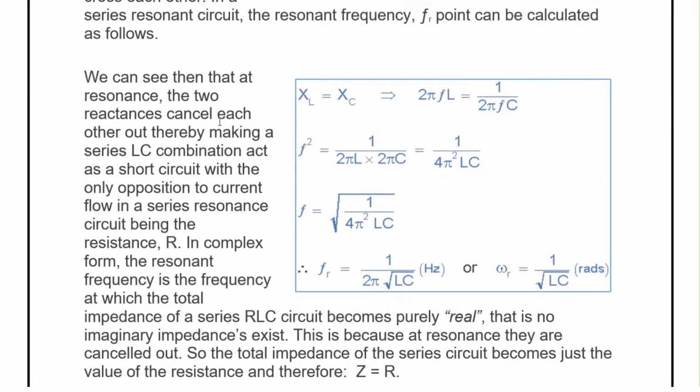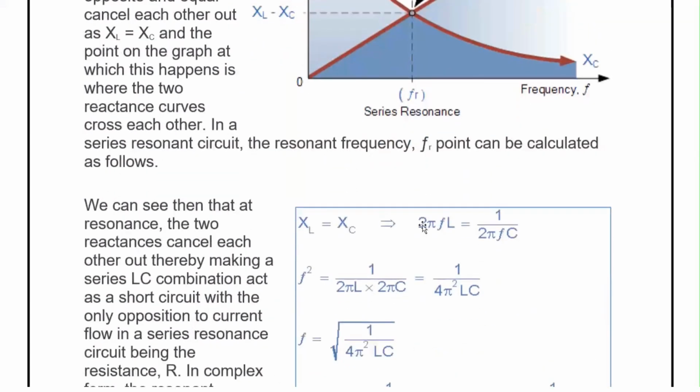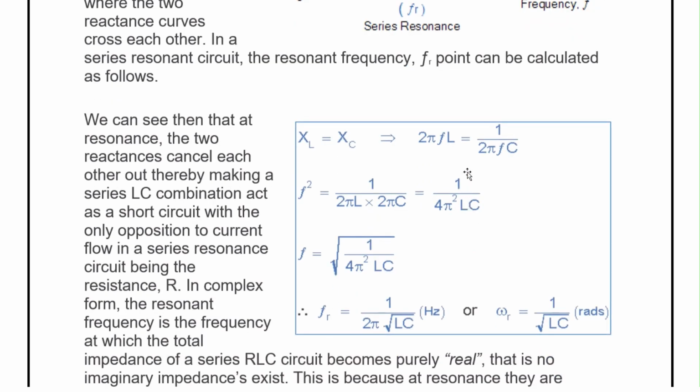And at the point of intersection, XL is equal to XC. At this point, if you equate it, 2 pi FL will be equal to 1 by 2 pi FC. And if you bring the two F's together at one place, this equation becomes F square equal to 1 upon 2 pi L multiplied by 2 pi C. Now, this becomes 1 upon 4 pi square LC.